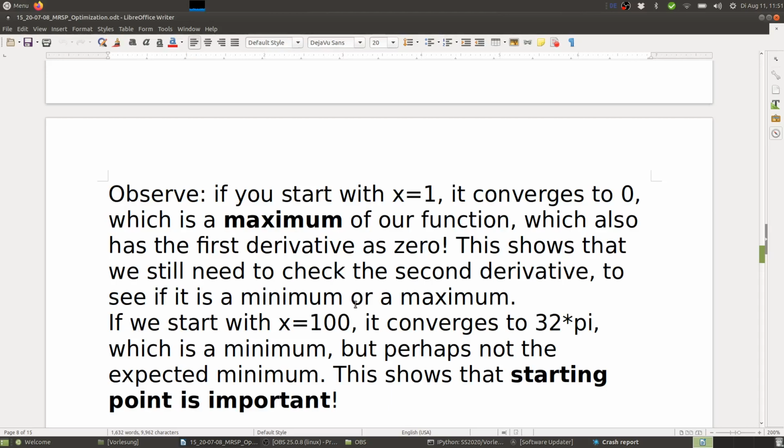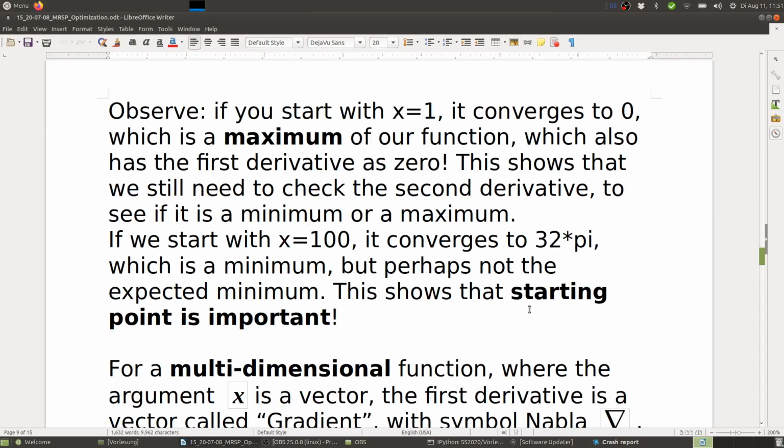Right. Yeah, so this shows that we still need to check the second derivative to see if it is a maximum or a minimum. If we start with a totally different number, like x equals 100, it converges to 32 times pi, which is a minimum, but perhaps not the expected minimum. So this also shows that the starting point is important.